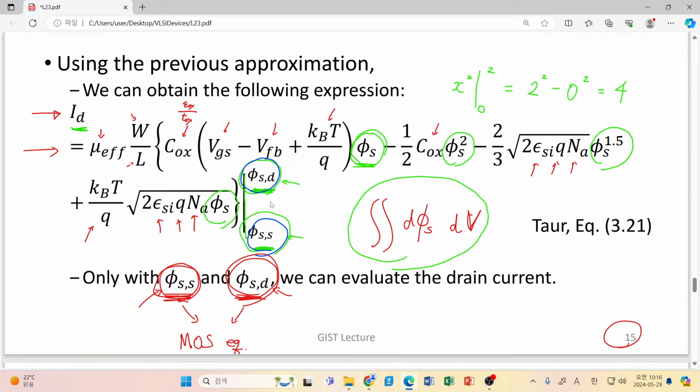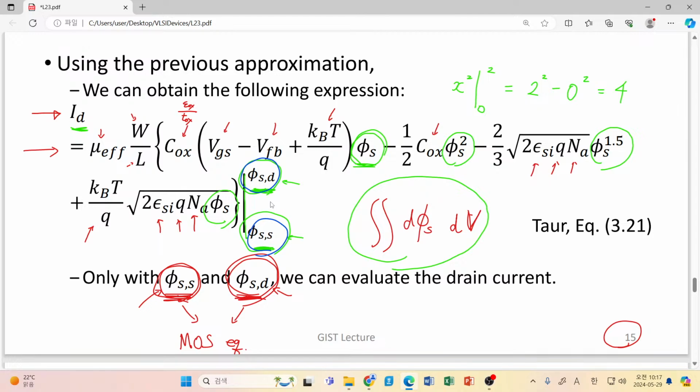So we have a much more rigorous derivation of MOSFET drain current. So please, this is at the heart of our entire semester. Please try to understand this derivation procedure.